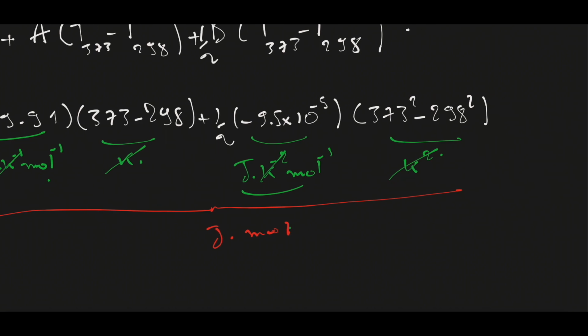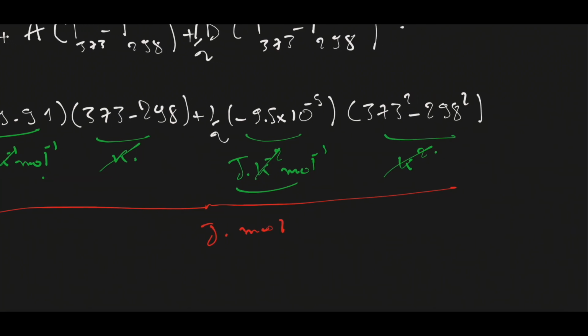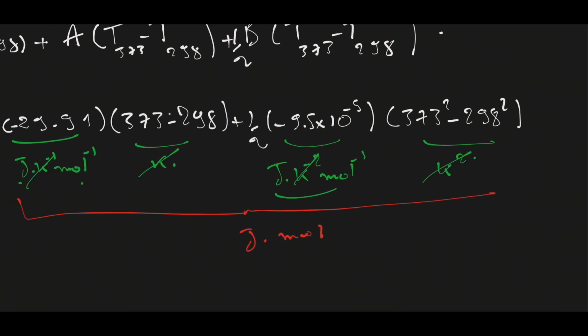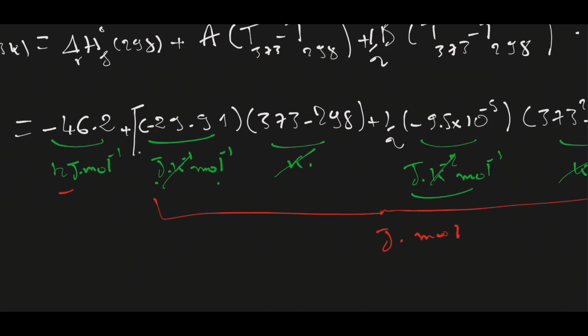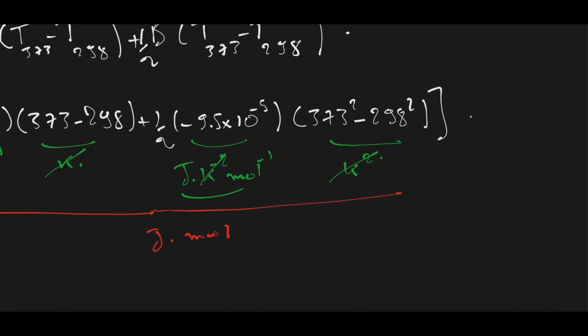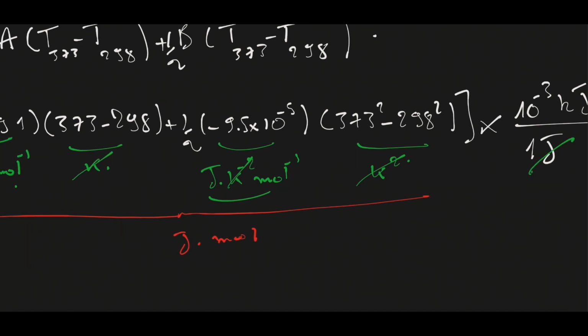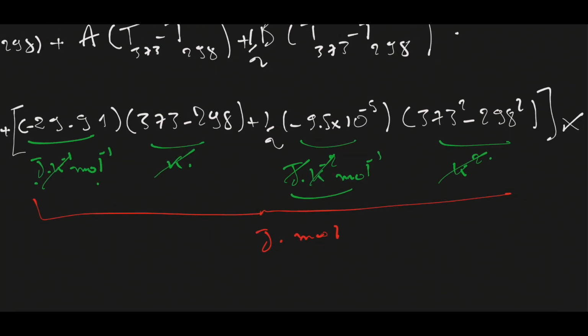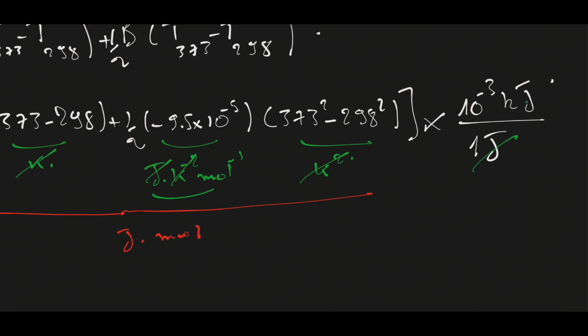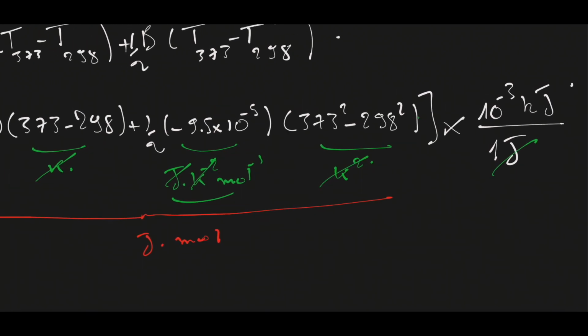So we must convert the joule to the kilojoule, and we have to multiply this part. It must be multiplied or divided by 1000. So we have 1 joule is equal to 10 to the power of minus 3 kilojoules. Now we can cancel the joule, and we get at the end a unit in kilojoule per mole.